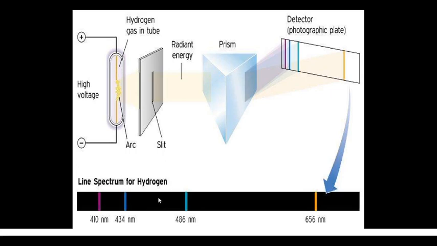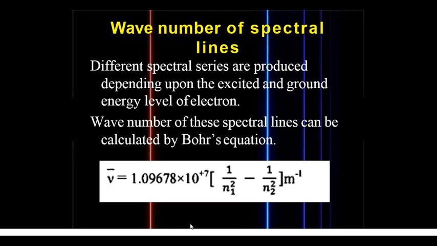So this is the line spectrum for hydrogen in terms of wavelength. Clear? Now we can also calculate the wave number with the help of this equation. Here the Rydberg constant R is replaced with its value. So this is the wave number of the spectral lines calculated by Bohr's equation.